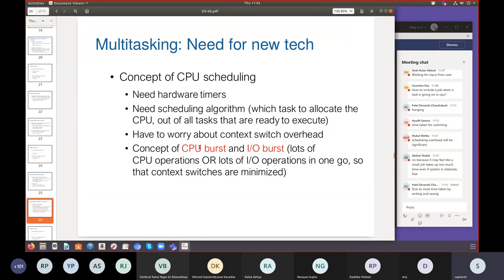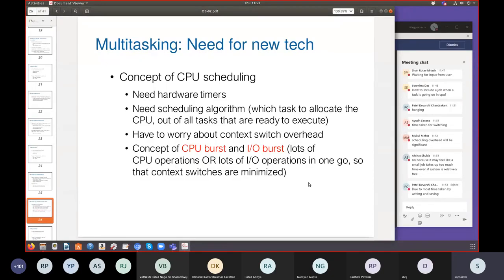And this brings us to the concept of CPU burst and IO burst. The idea is this: once the CPU has been allocated to a process, we would like it to do a lot of CPU operations in this amount of time. Think about this.